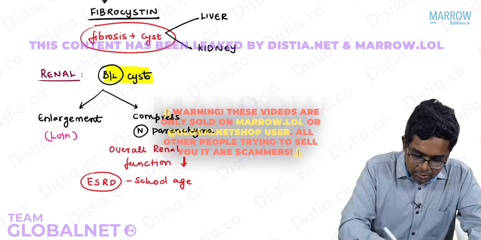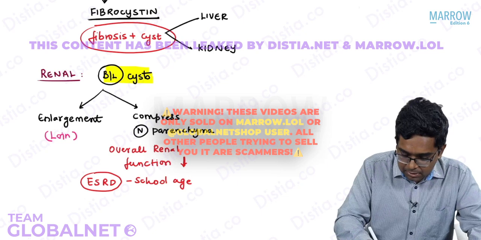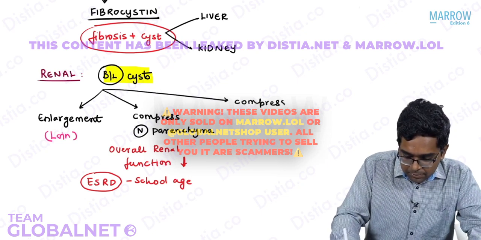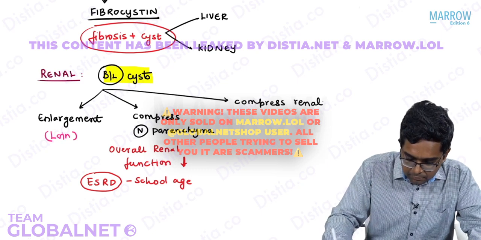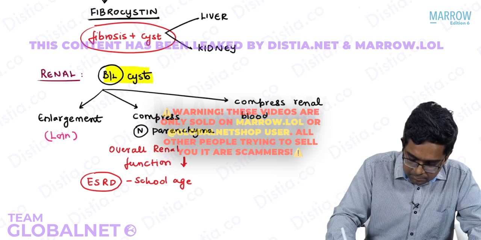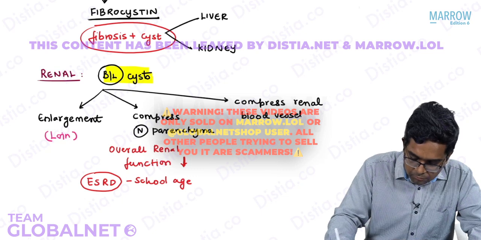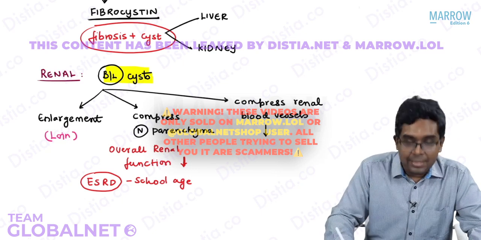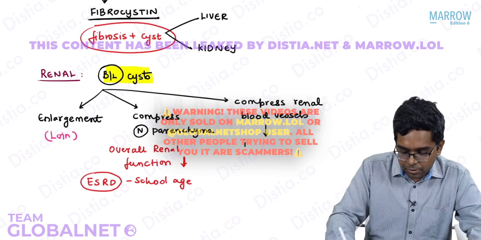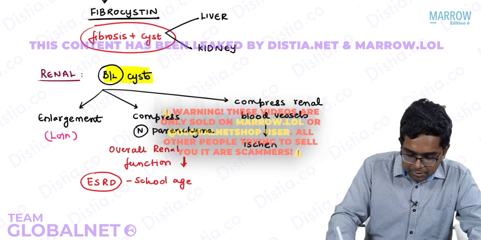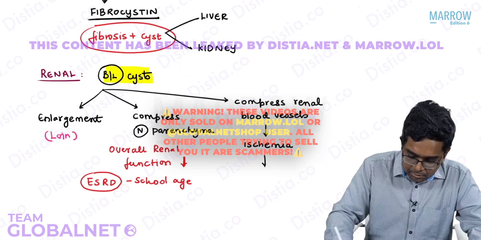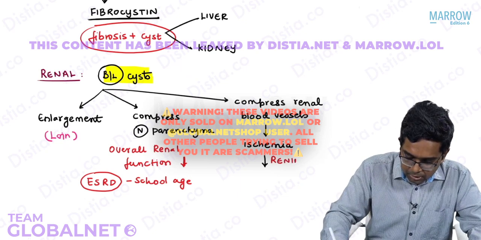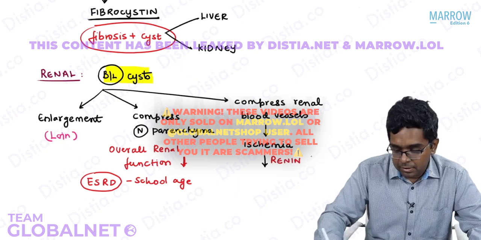Third important manifestation of these bilateral cysts is that they can also compress the renal blood vessels when they enter into the kidney. Because of compression of the blood vessels, it can result in ischemia due to decreased blood flowing into the kidney. And whenever there is ischemia in the kidney, there will be release of renin. And we all know that renin is going to activate RAS.